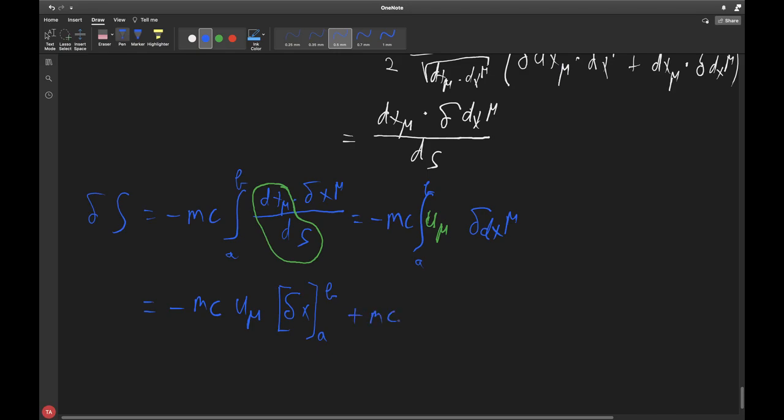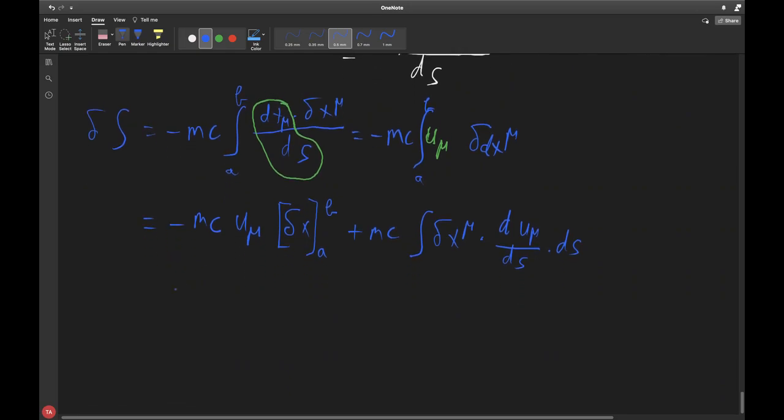And then we have the other terms, the minus of minus, which will give us a plus, and we do the integral by taking the derivative of the other term. This is delta x mu, and then we take the derivative of the u mu by the s, and I do the ds again. So when I multiply these two, I just get 1. I didn't really do anything here, but it does make it nicer.